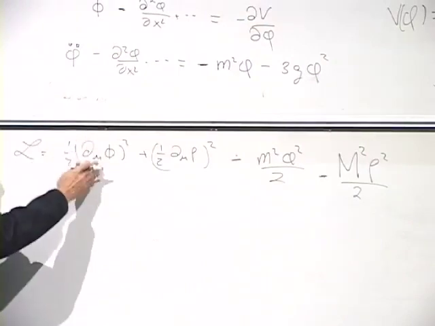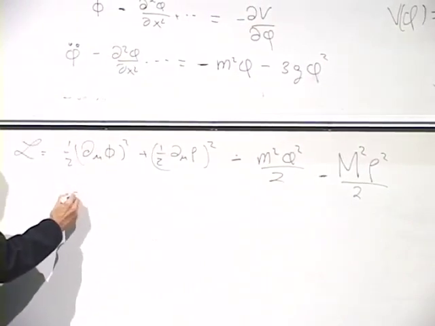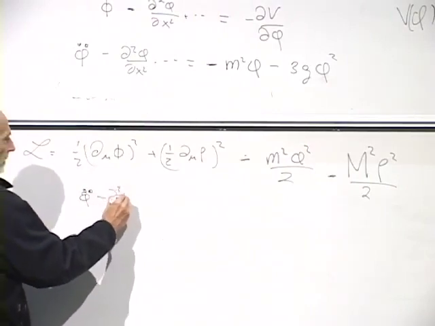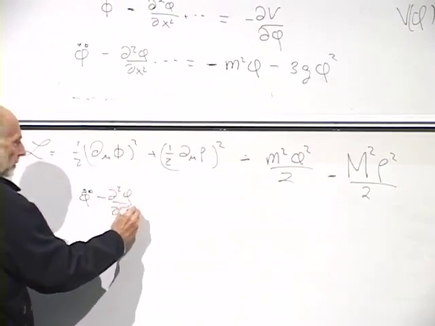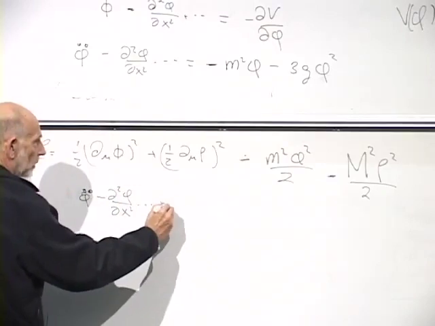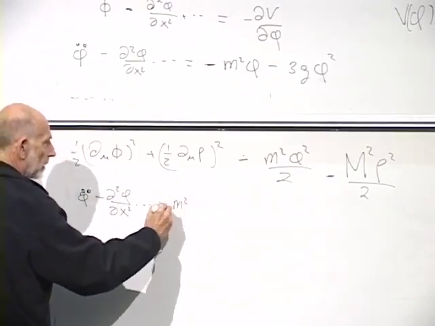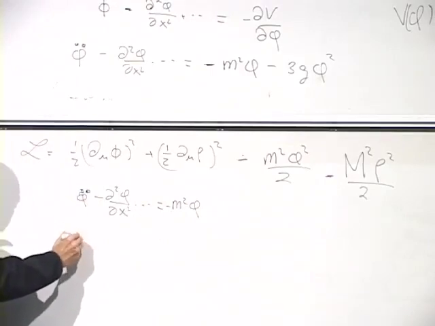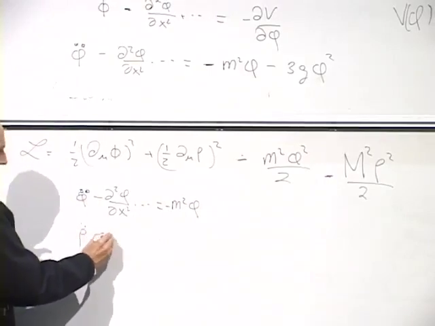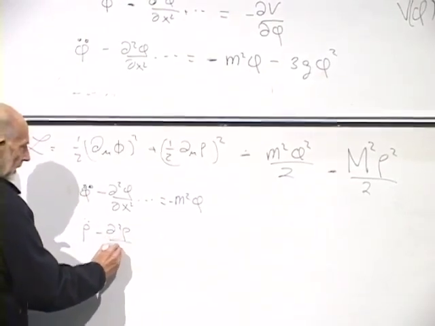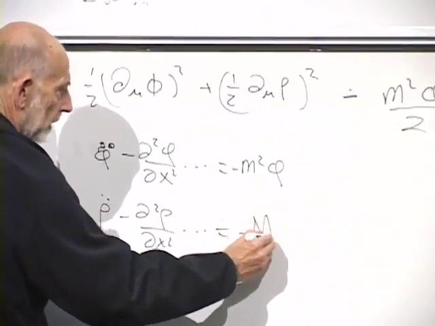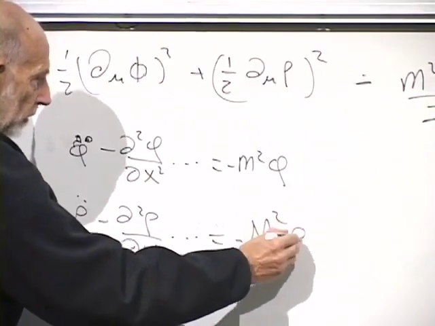Doing this operation on phi, we would get phi double dot minus the second derivative of phi with respect to x squared, dot dot dot, equal to minus m squared phi. And we get the same kind of thing for rho: rho double dot minus the second derivative of rho with respect to x squared, dot dot dot, equals minus big M squared rho.